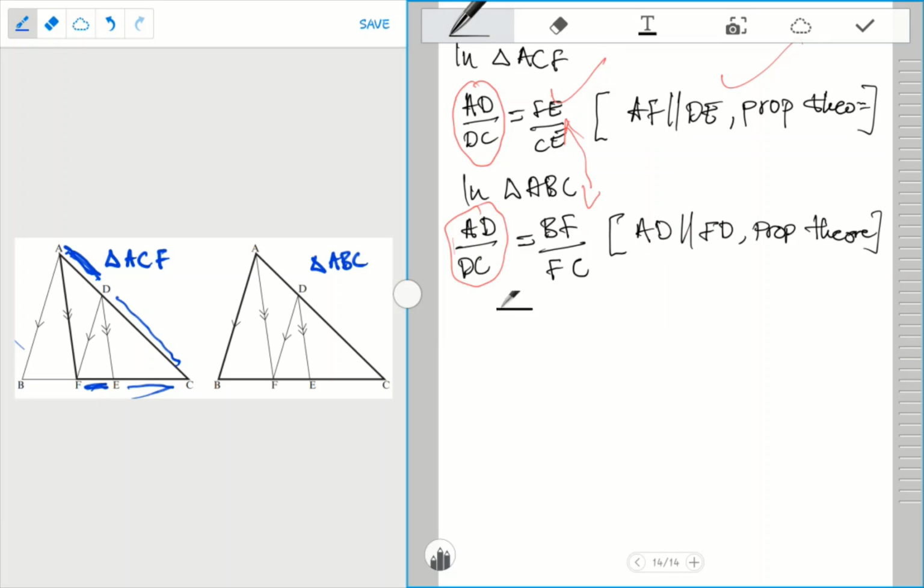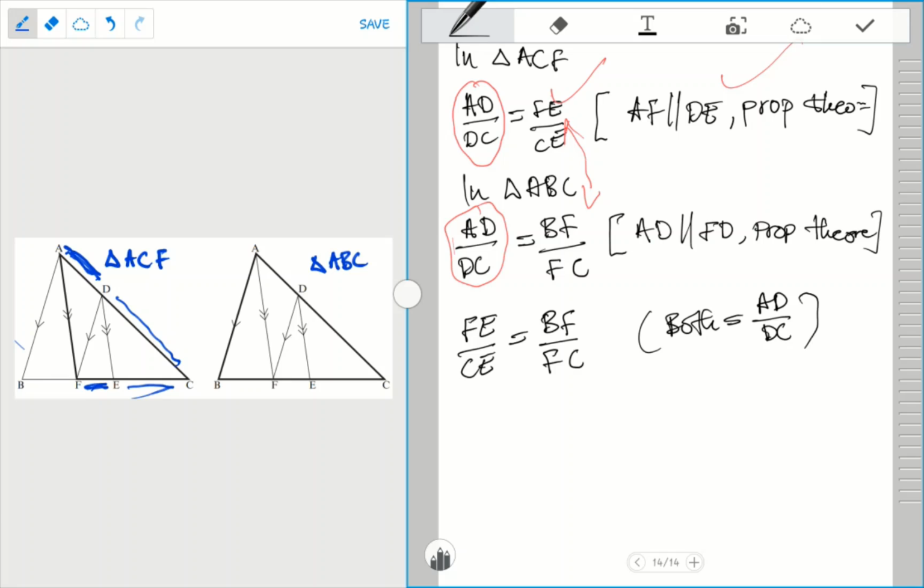Meaning that I can write FE over CE is equal to BF over FC. And then you can just tell them that both are equal to AD over DC, because we can clearly see that at this point.